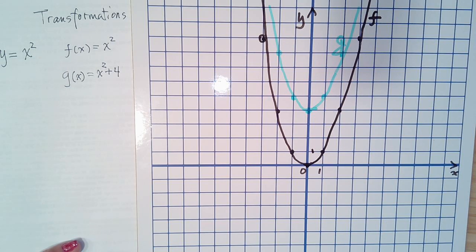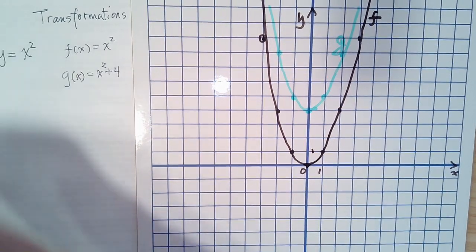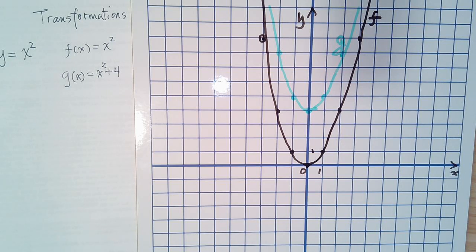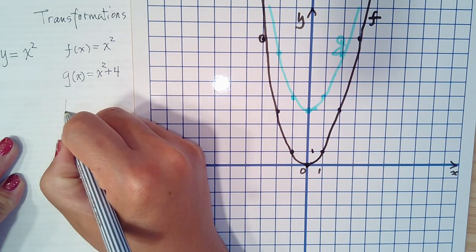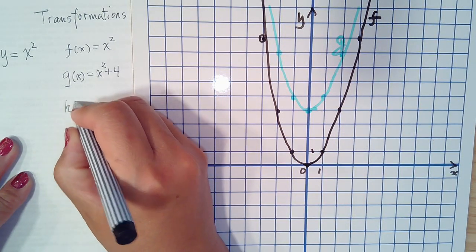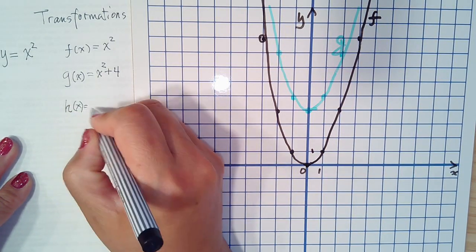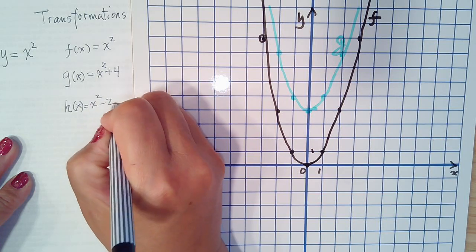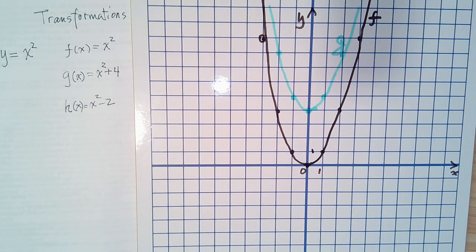Okay, so I'm gonna let you do f, g, then I'm gonna ask you to do h, another function, okay? H of x equals x squared minus 2. Again, I'm putting these x values, -2, -1, 0, and a 1, and a 2.